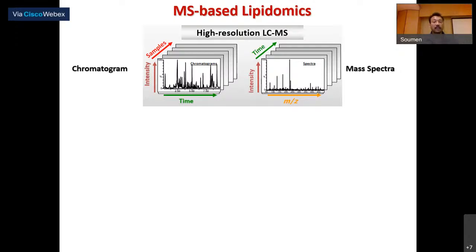Oftentimes, unlike in metabolomics, in lipidomics you will have many co-eluting or very closely eluting peaks, so a good deconvolution is extremely important. At the end of the day, you will get a data matrix comprising the mass-retention time pairs and the intensities for each sample.